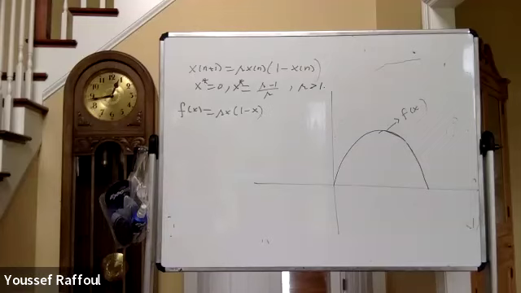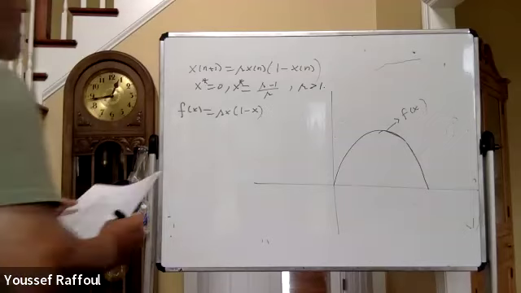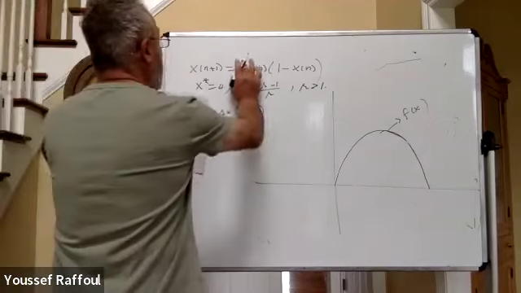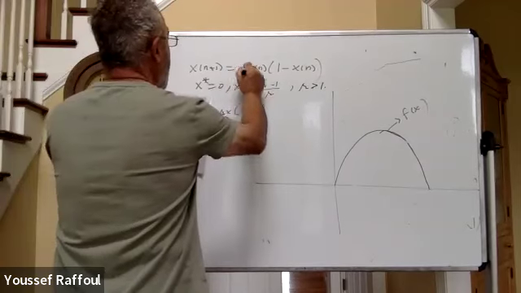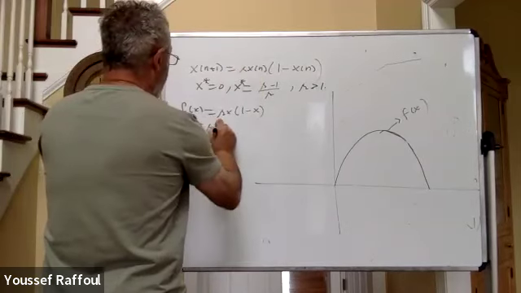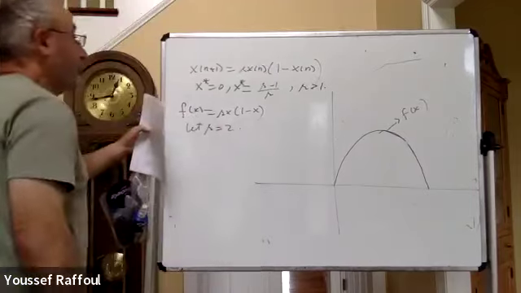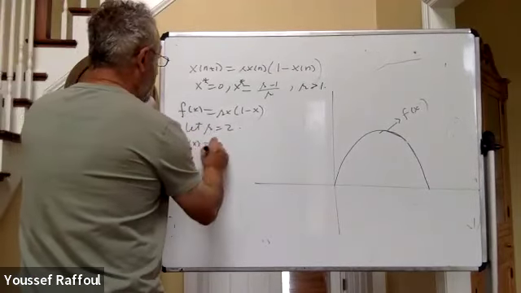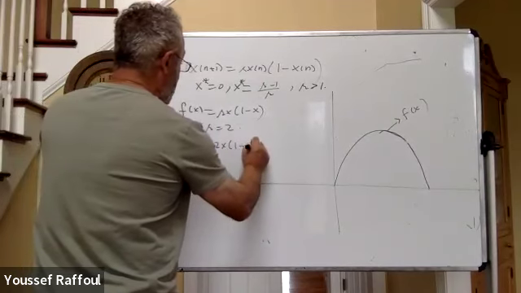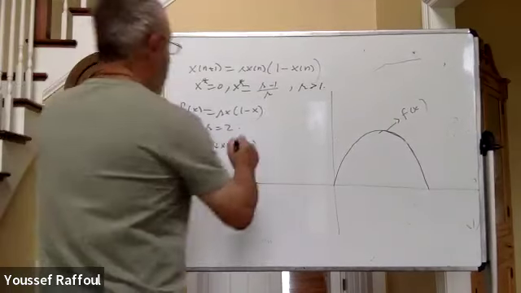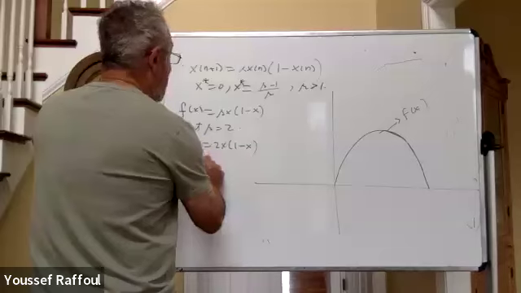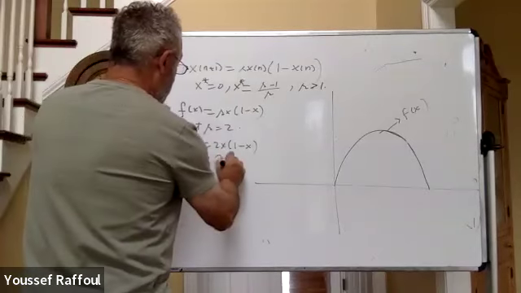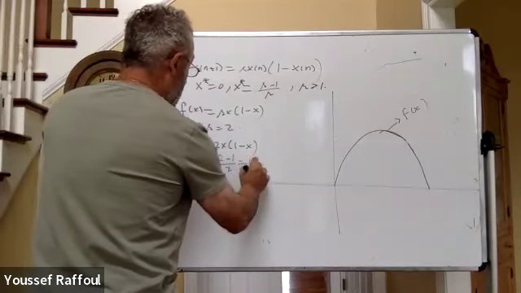To be able to do a better job, let r equal 2. So let's see what happens. You have f of x equal 2x(1 - x). And then x star is (2 - 1)/2, that is 1/2.